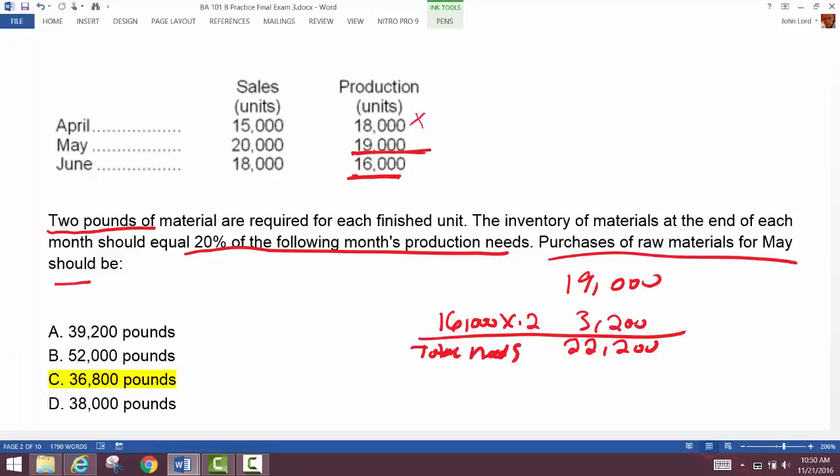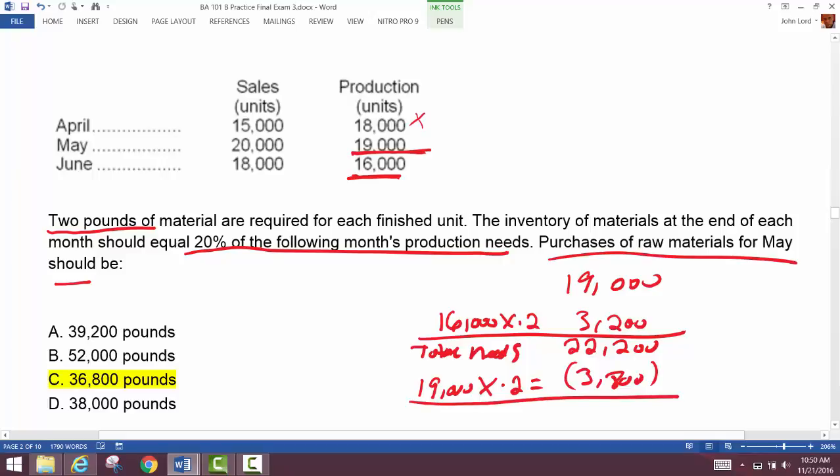So 19,000 times what? 0.2 is going to give me 3,800 that I would have started the month with. I subtract that, and that means that I'm going to have to produce 18,400 units.